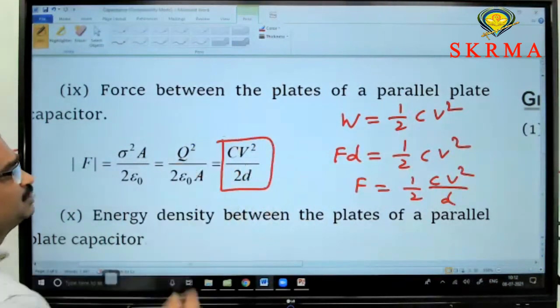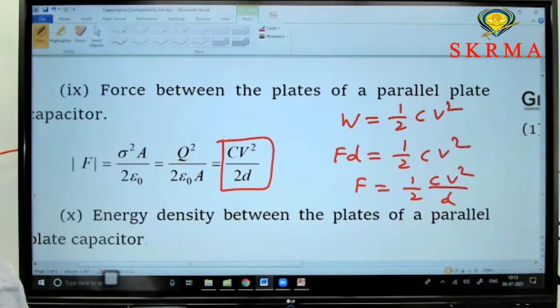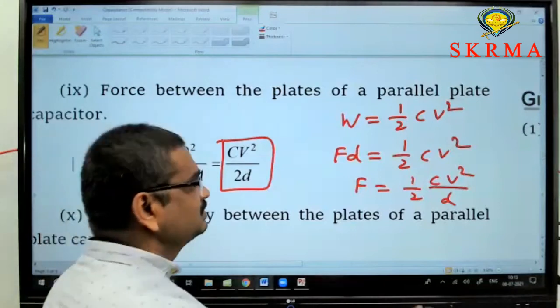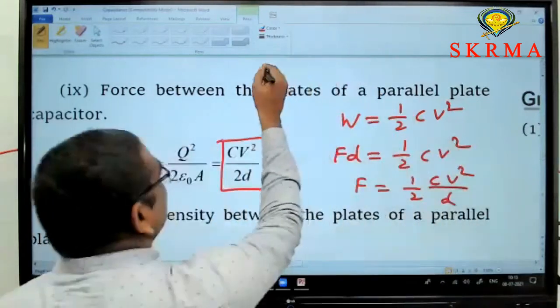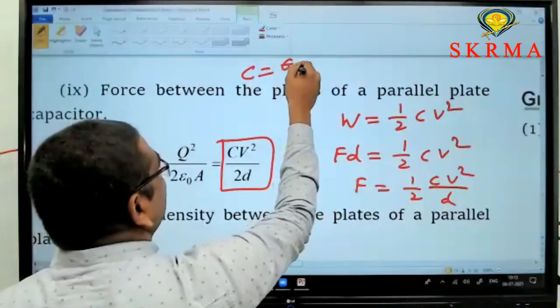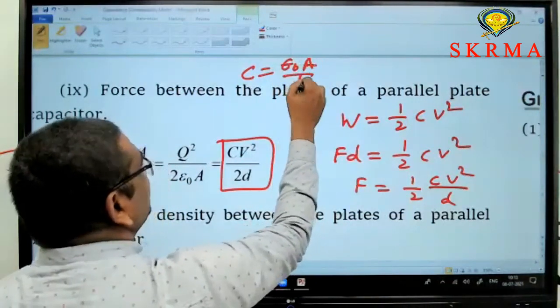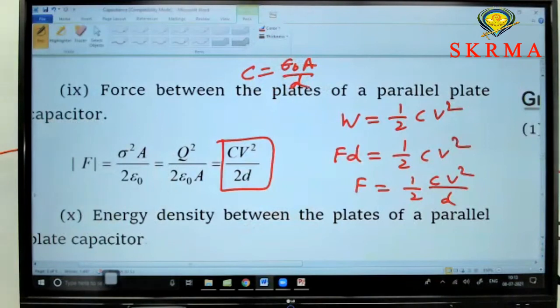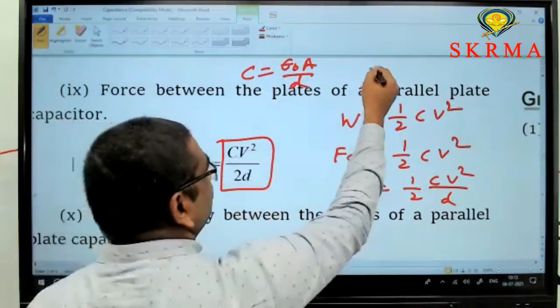Next, can you substitute the C value? What is the value of C? C equals epsilon naught A by D. Just substitute that value. And what is the value of V?